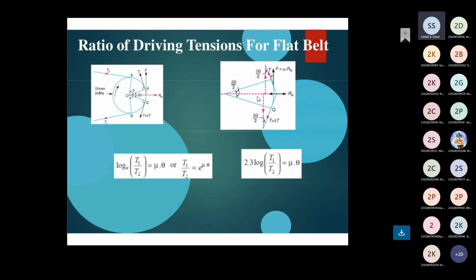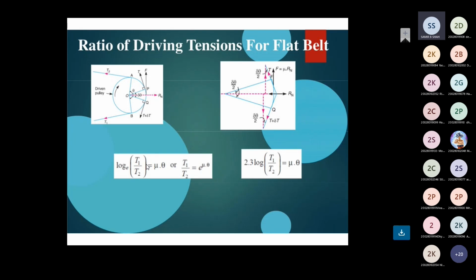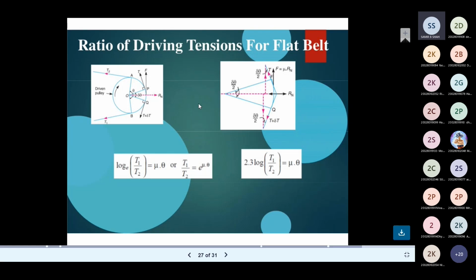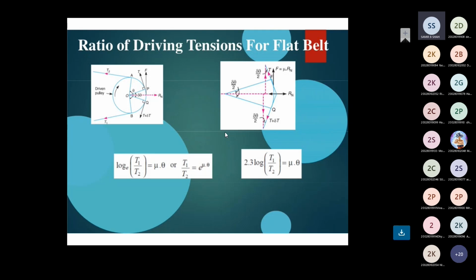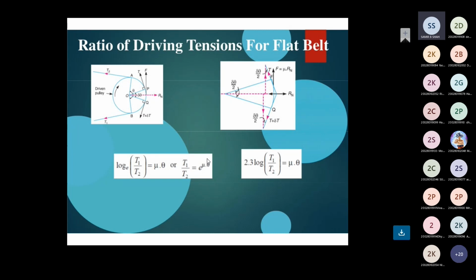At the end, if we solve the equations by comparing the forces on the vertical side and horizontal side, we get del T by T is equal to mu into del theta. Taking the integration, at the end we get the equation T1 by T2 is equal to e raised to mu theta.